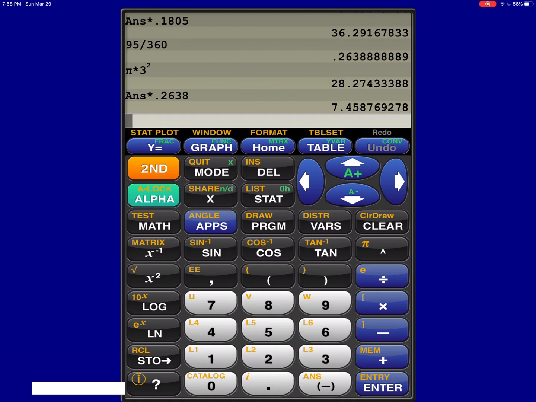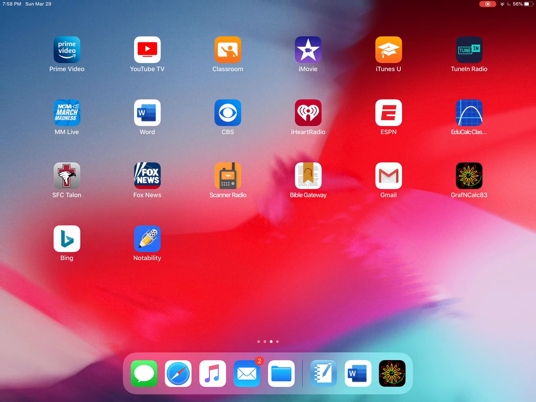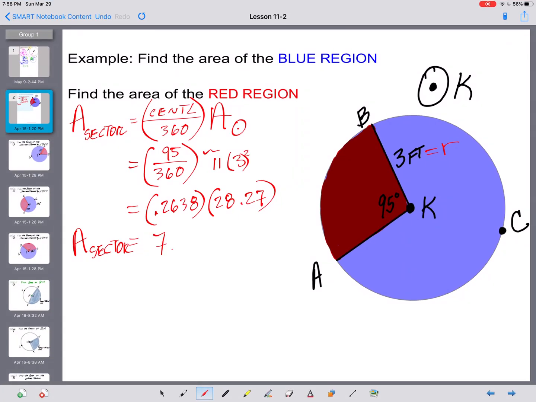Looks good. Nice. There it is. 7.46. 7.46 what? It is area. If it was feet, therefore the area is feet squared. Notice again, only the feet are squared, not the number.